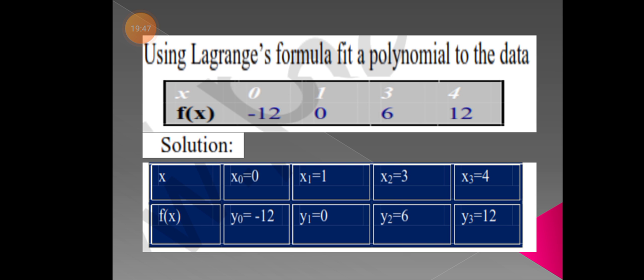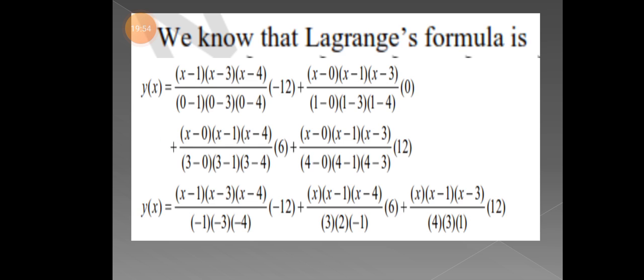Now, in the solution they have named the values as x0, x1, x2, x3 and y0, y1, y2, y3. First you have to write Lagrange's formula, and then I have given x minus 1, x minus 3, x minus 4 divided by 0 minus 1, 0 minus 3, 0 minus 4, into minus 12, that is y naught, plus all the values as they are, whatever is given in the tabular column, I have written here as per the formula.